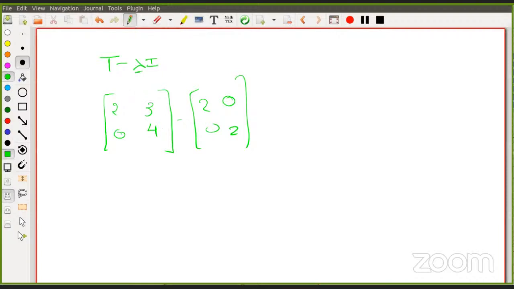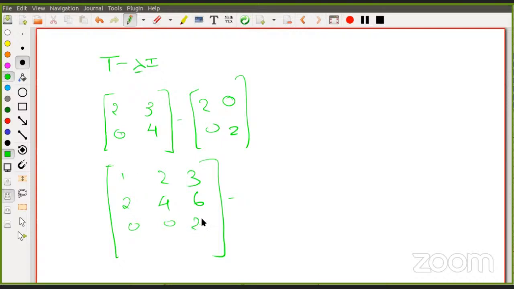I think it'll be better to show it in the 3x3 case. So yeah, if you have something like this, then it should be pretty clear. You're going to subtract the diagonal elements with a constant value.